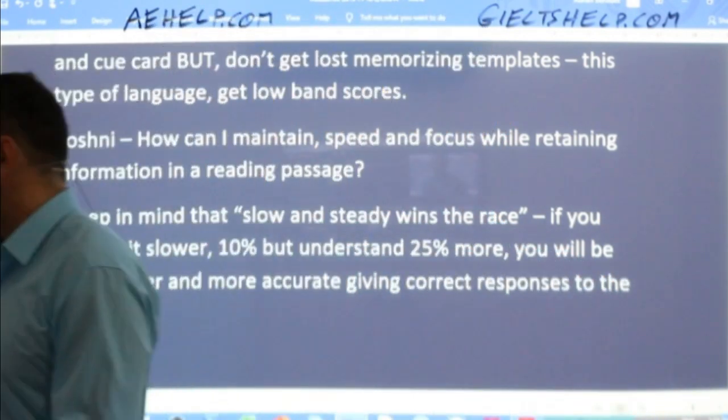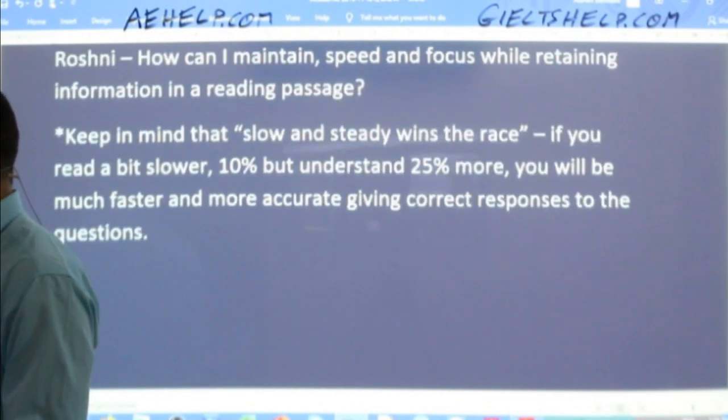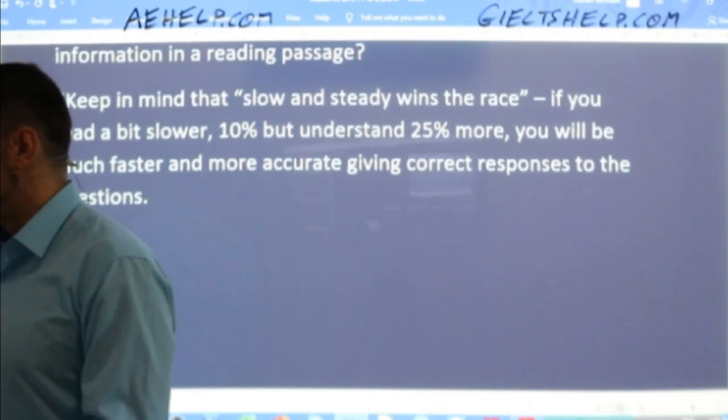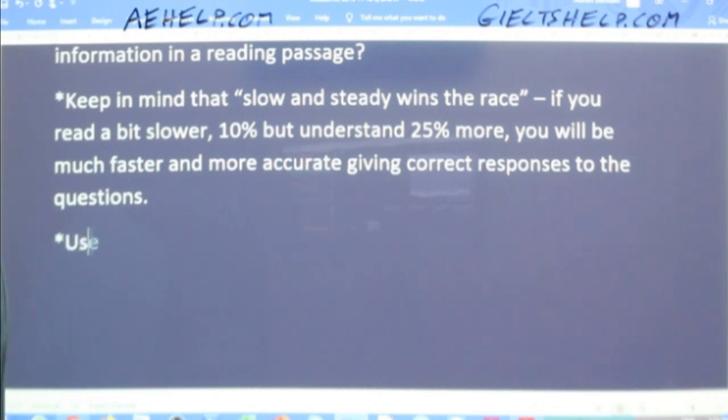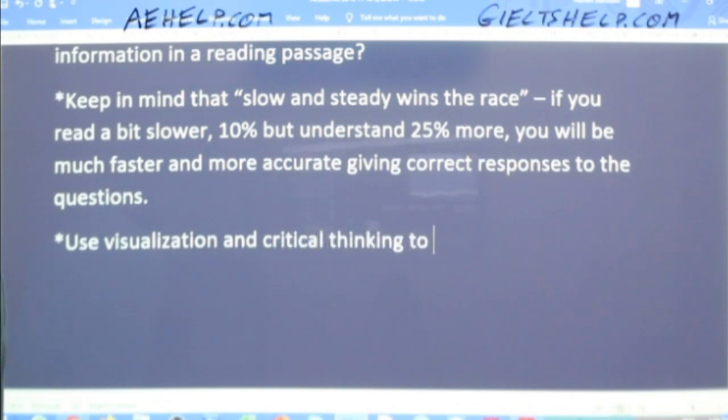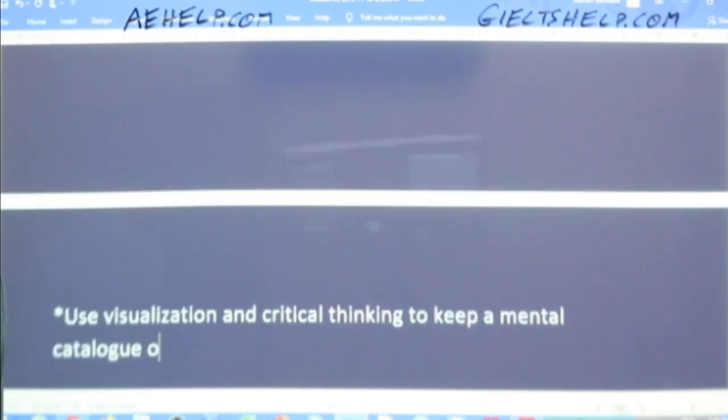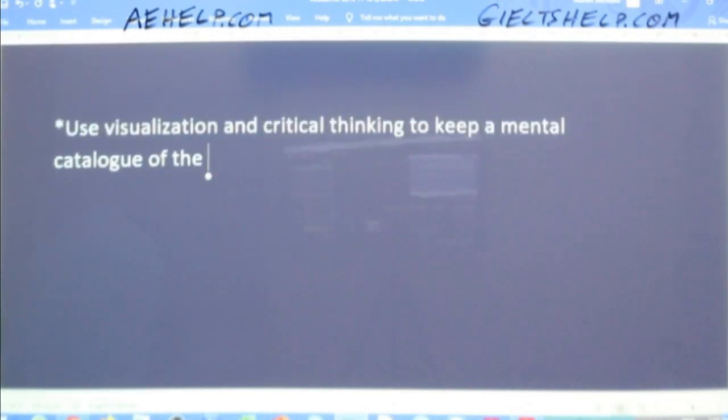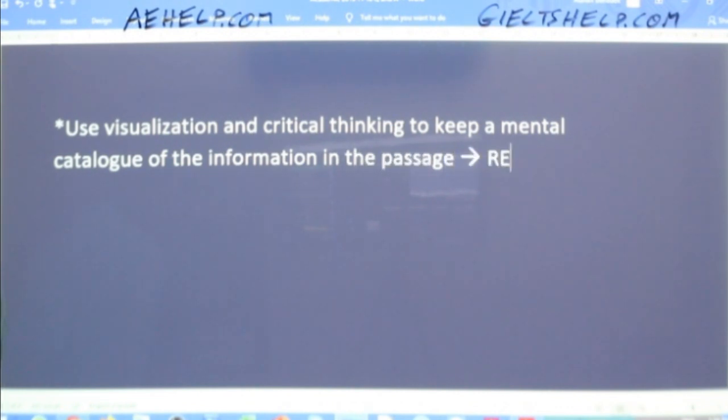The other one is remember what I've said. So use visualization and critical thinking to keep a mental catalog of the information in the passage. This means read actively, not passively.